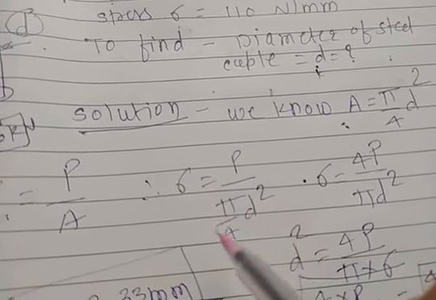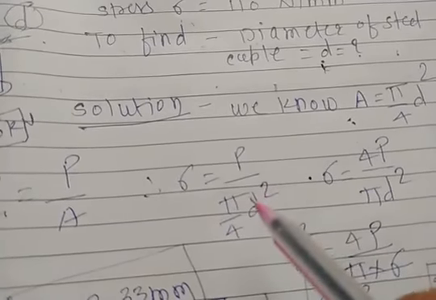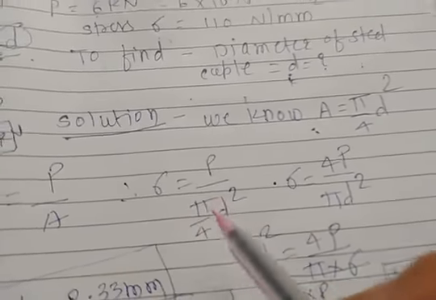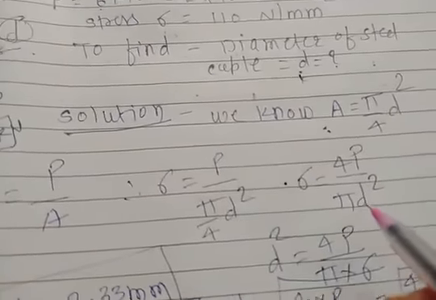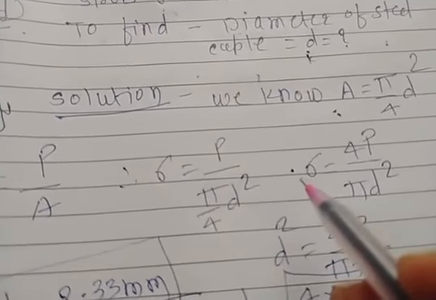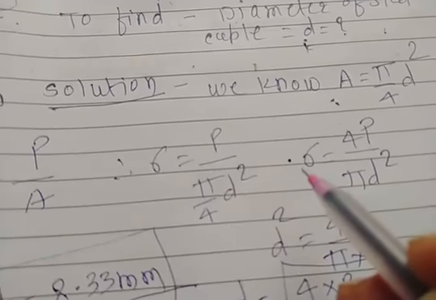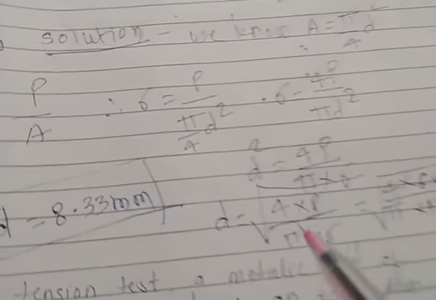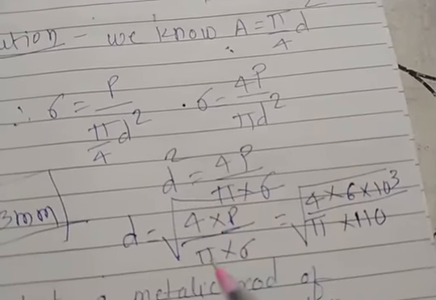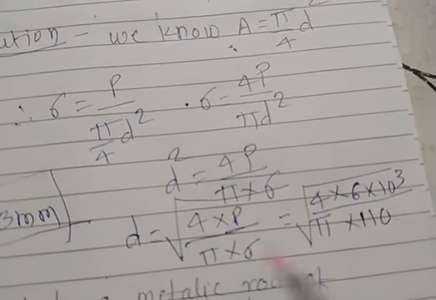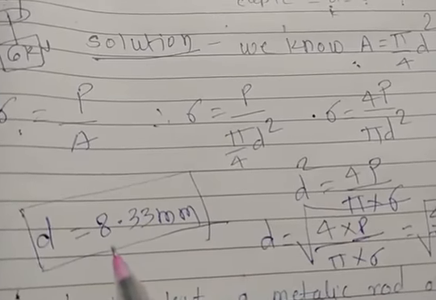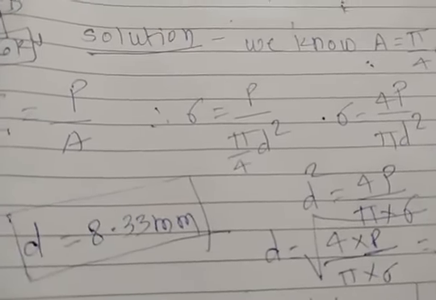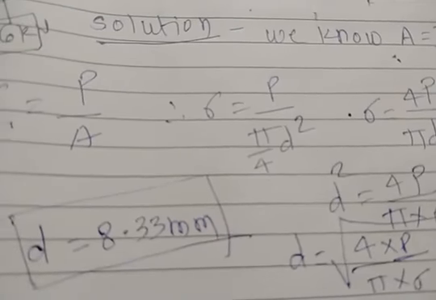Now rearrange the equation: the 4 goes in the numerator, d square moves to the left side and sigma moves to the right side. Then taking the square root, we get 4P upon pi into sigma, and after putting in all the values, we get the diameter as 8.33 mm.